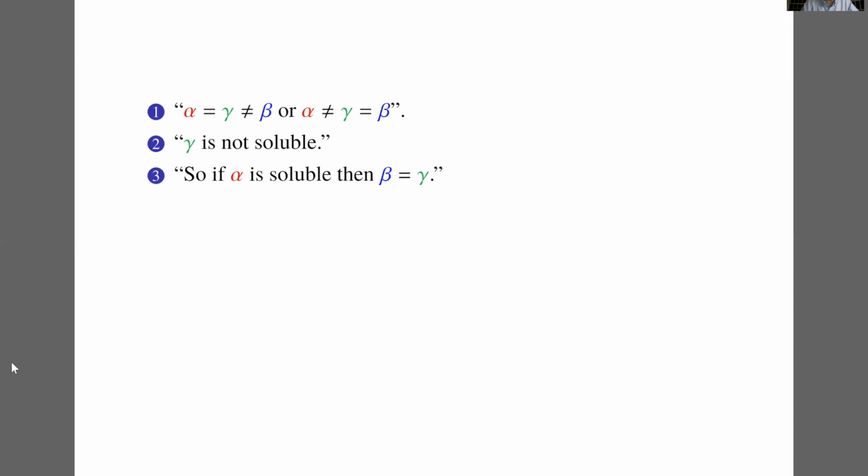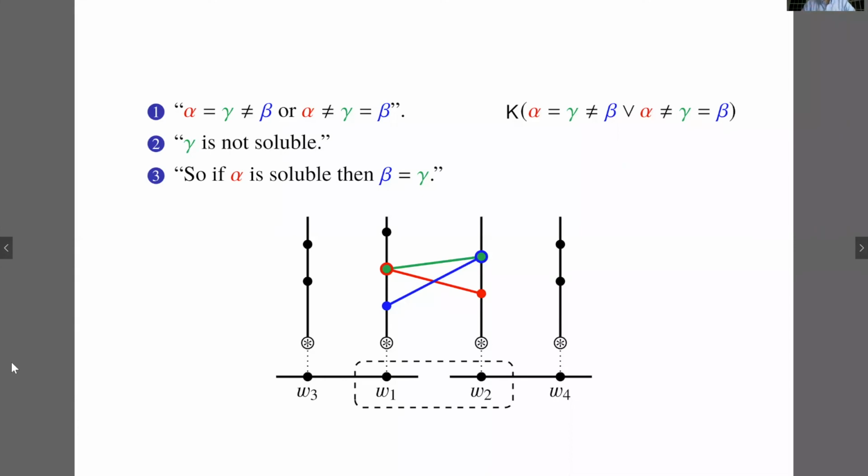last slide. So here's the original inference I was talking about. The cognizer is making an inference that, well, look, gamma is either alpha or beta, and gamma is not soluble. Therefore, if alpha is soluble, then beta must be gamma. Okay, so we can symbolize them as before, and then this says that gamma is not soluble, meaning that gamma doesn't go to the asterisk.